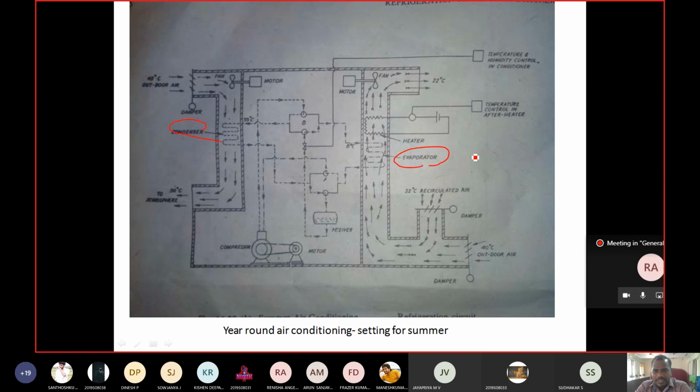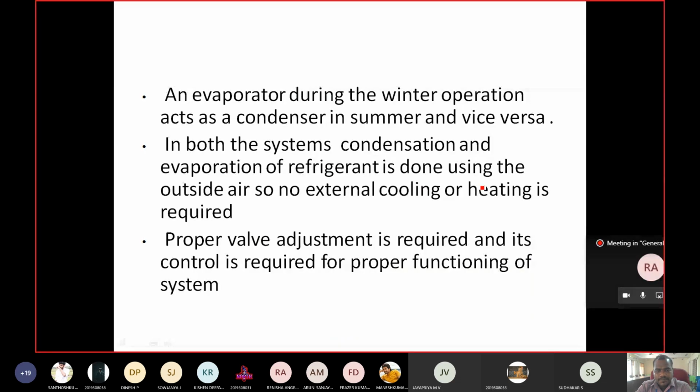So there is a change, there is a shift. There will be an evaporator and a condenser in the year-round air conditioning system. An evaporator during the winter operation acts as a condenser in summer and vice versa. So we can use the evaporator as a condenser, and also the condenser as an evaporator.